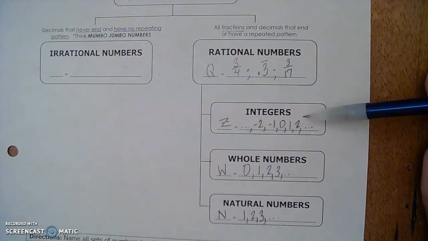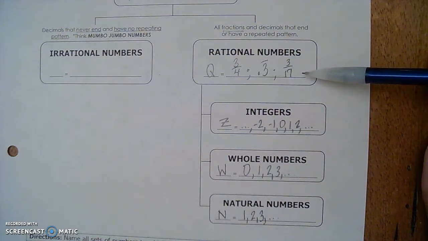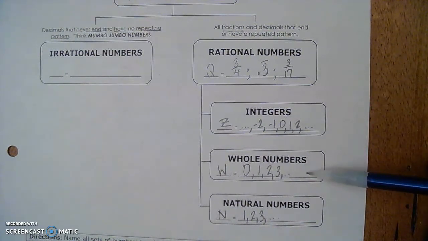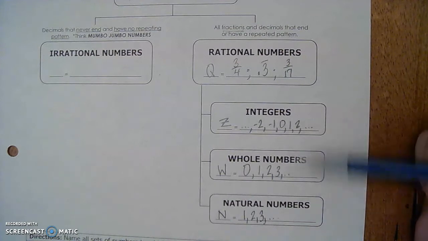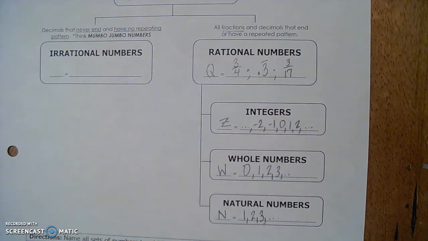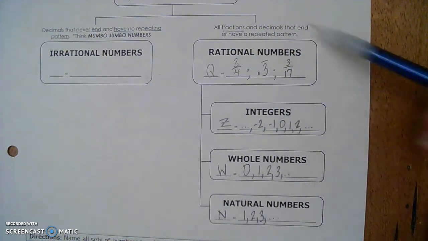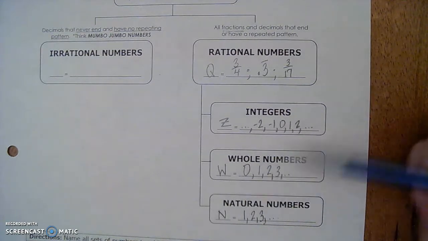So if it's an integer, it is automatically a rational number. If it's a whole number, it's automatically an integer and a rational number. So wherever you land here, all of the top ones also are included. So, like I said, these are almost all the numbers we're used to working with.